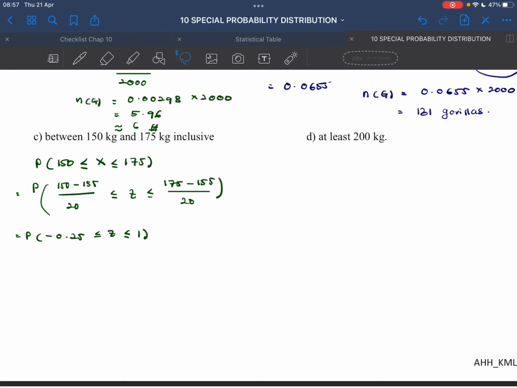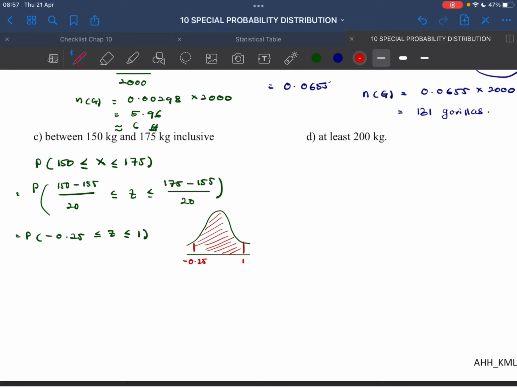So represent that in your bell shape here. We have negative 0.25 on the left hand side and positive 1. Obviously this is the area that you want, more than half.